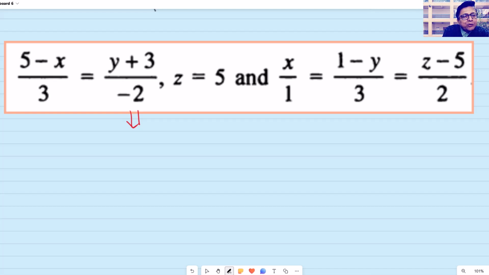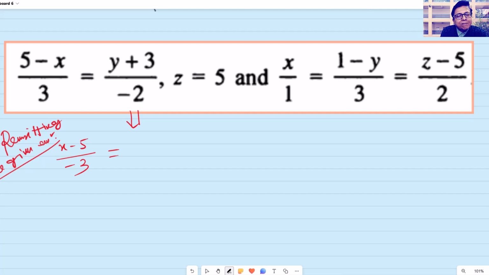You write this one as (x minus 5) by minus 3. Rewriting the given equation, we get (x minus 5) by minus 3, (y plus 3) by minus 2, and this z equal to 5 you deal this way, (z minus 5) by 0.